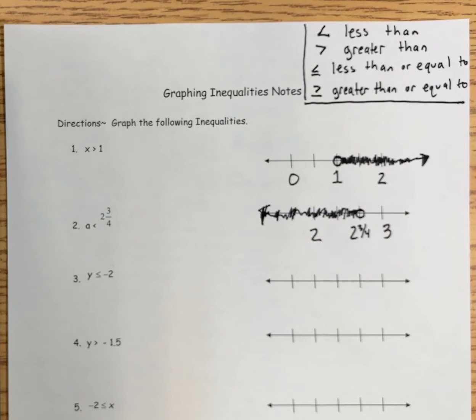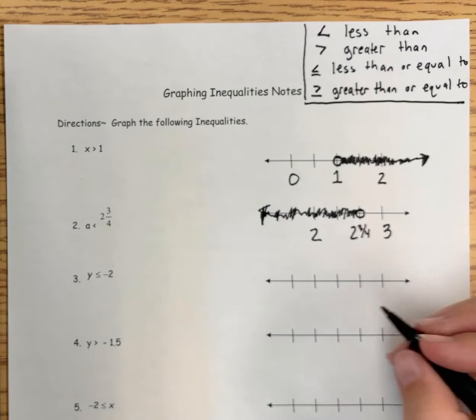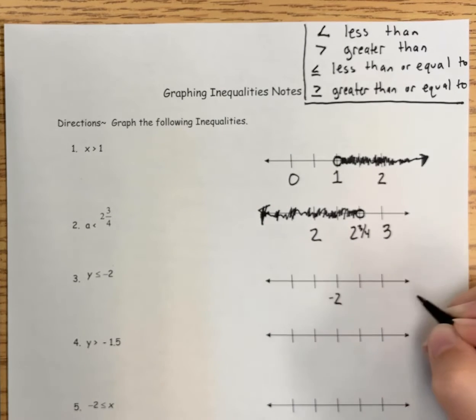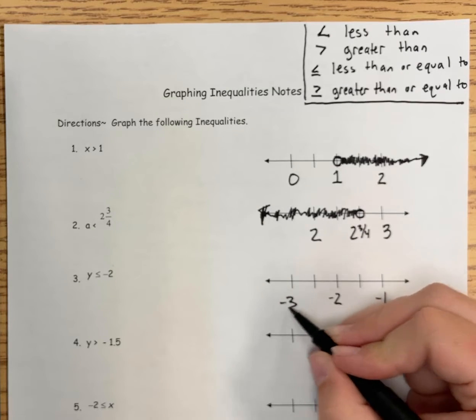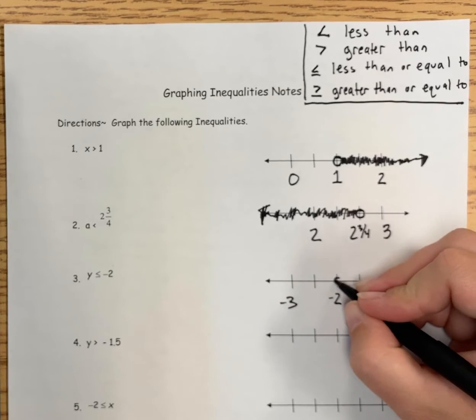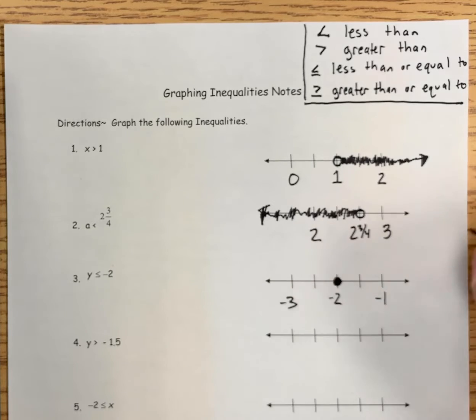All right, awesome. Next one we have is y is less than or equal to -2. In this situation, because it's less than or equal to, when you write down your -2, and then we put a number above it and a number below it, your circle at -2 is going to be closed because it could be -2.